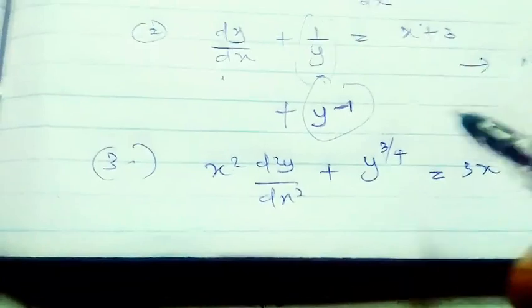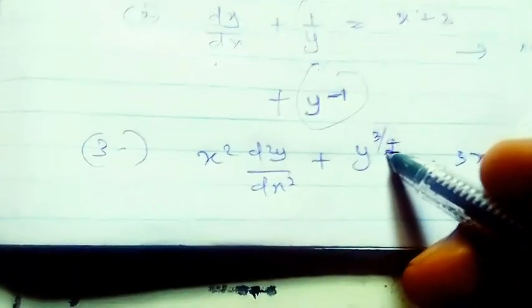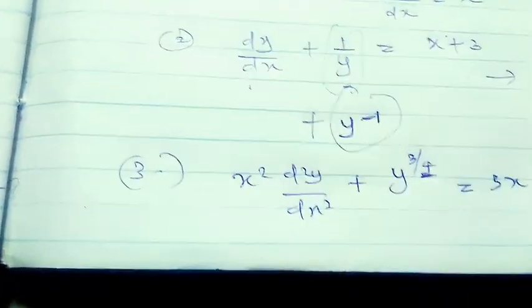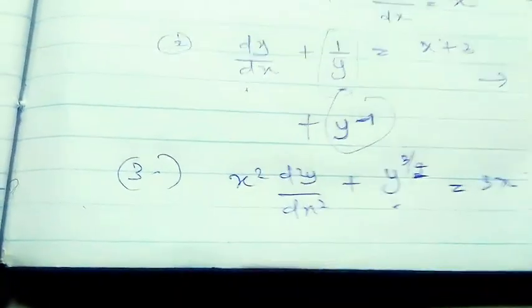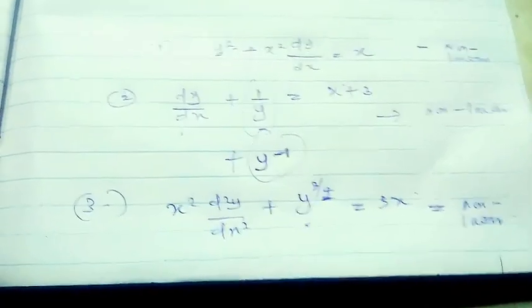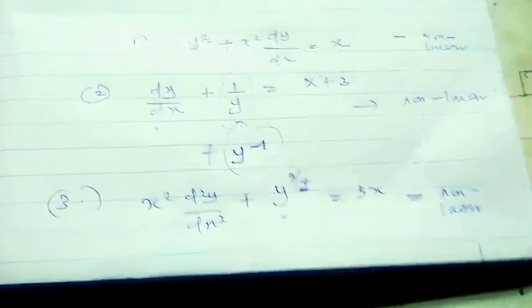Why? Because the dependent variable here is not of first power. If you have an equation in which the dependent variable is not of first power, it makes it non-linear. So are you getting me now? That is that. This is all about identifying linear and non-linear differential equations.